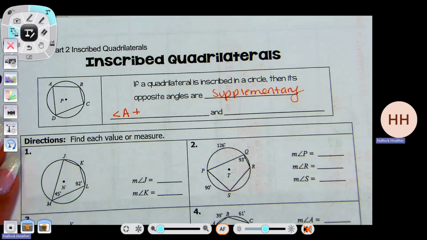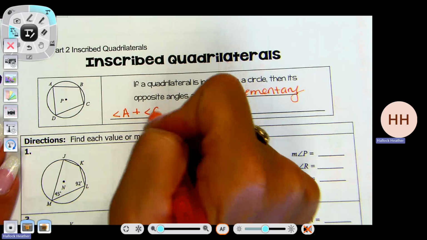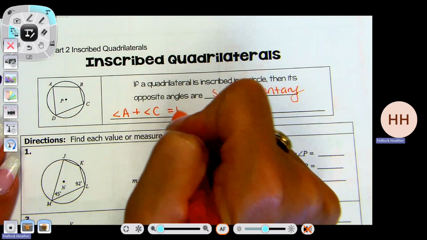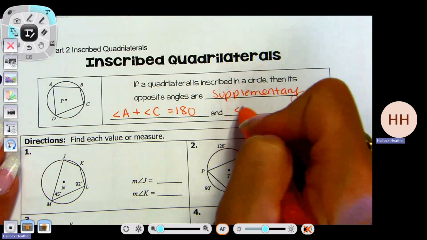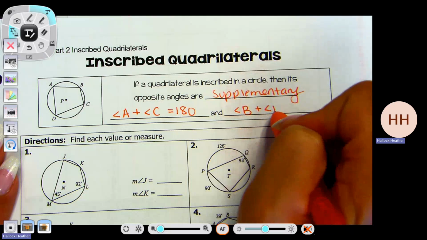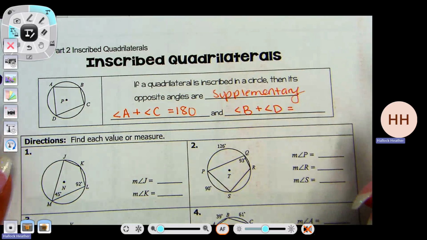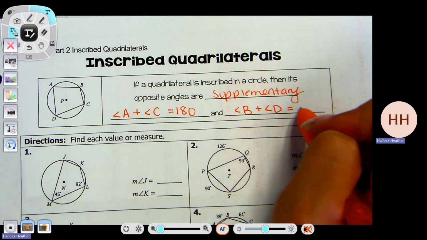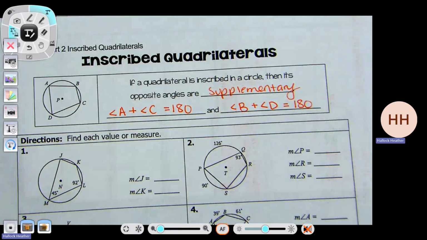What's the opposite of C? So they're not congruent. They add to make 180. Same thing with angle B. If I add angle D, that makes 180 as well. So you basically need the opposite angle from wherever you are standing.